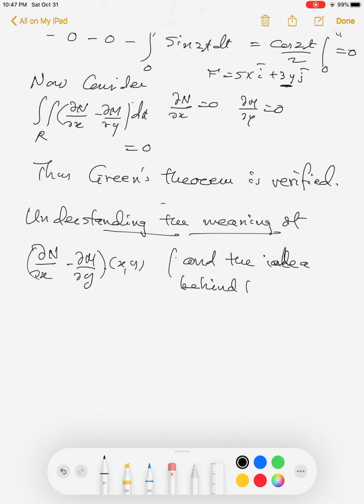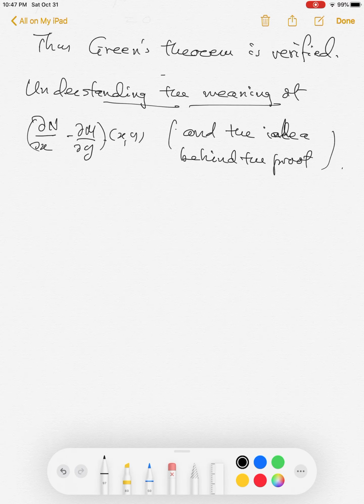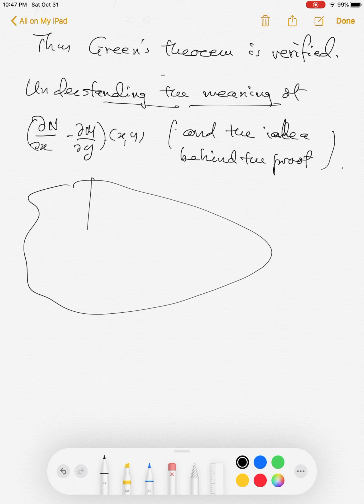Once you understand this, you will see the idea behind the proof. So let us see what this is.